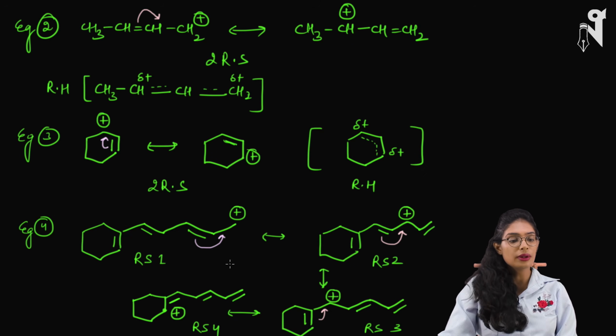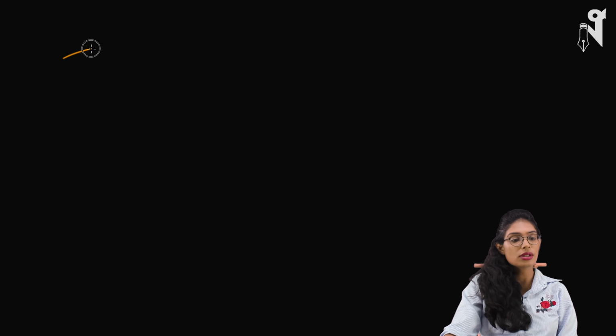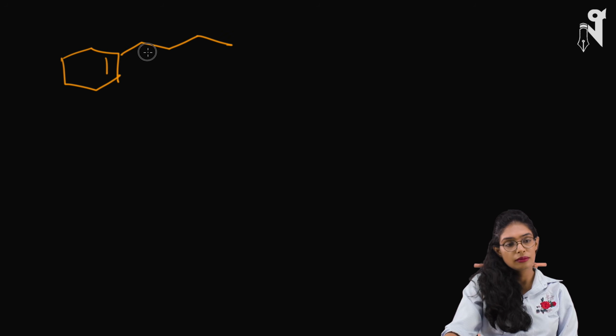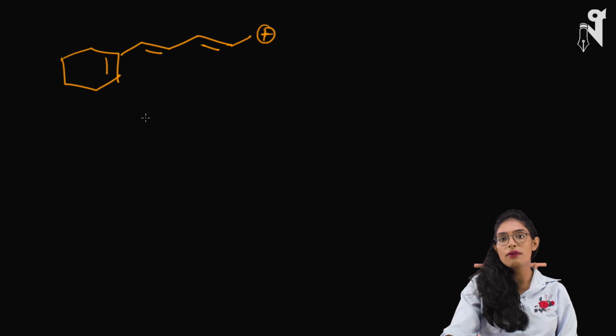In the next example, I'll do one thing. I'll draw it on my own on a board so that you'll be able to understand much better. The structure is something like this. I think this is right. Alternate, and this is the molecule. So we have to see whether we have a conjugated system or not. Look at this double bond, single bond, plus charge.